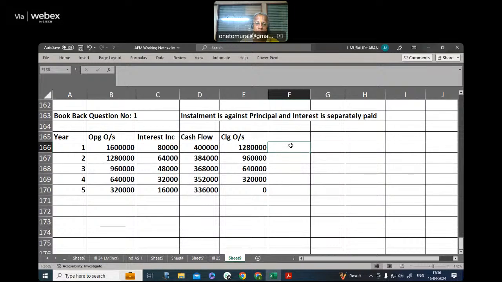Now, the PV factor that we have got to take up is 10%. Round 1 divided by 1 plus 10% to the power, comma 3. Present value of cash flow.